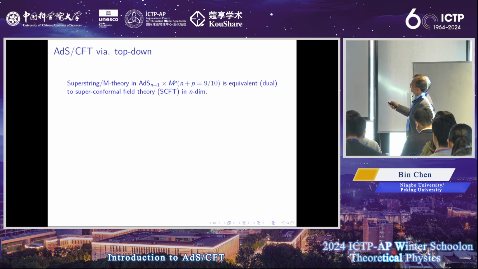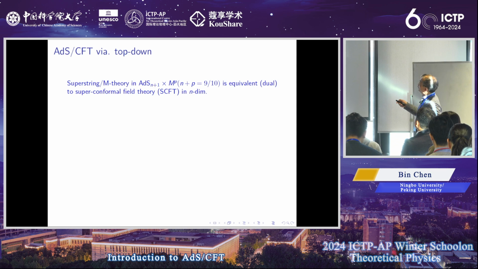In the (n+1)-dimensional AdS spacetime times a p-dimensional compact manifold M, here n plus p should be 9 or 10. If it's 9, it's superstring. If it's 10, it's M theory. Supergravity in this spacetime is equivalent, or dual, to a superconformal field theory in n dimensions, on the AdS boundary.